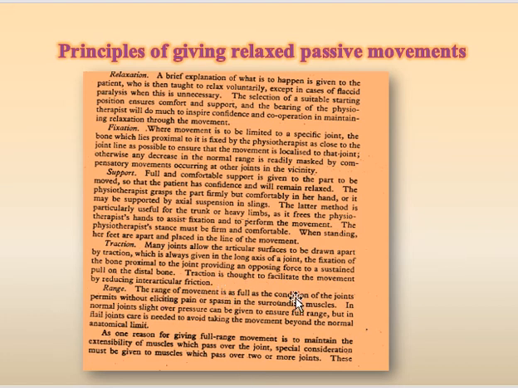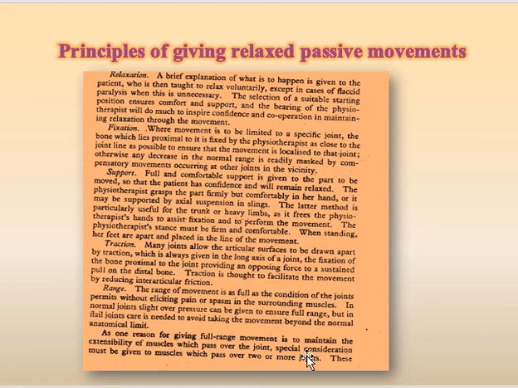Range. Range of movement is as full as the condition of the joints permits without eliciting pain or spasm in the surrounding muscles. In normal joints, slight overpressure can be given to ensure full range, but in flail joints, care is needed to avoid taking the movements beyond the normal anatomical limits.